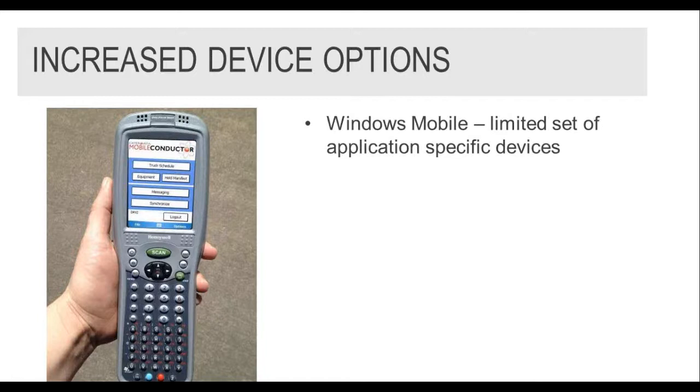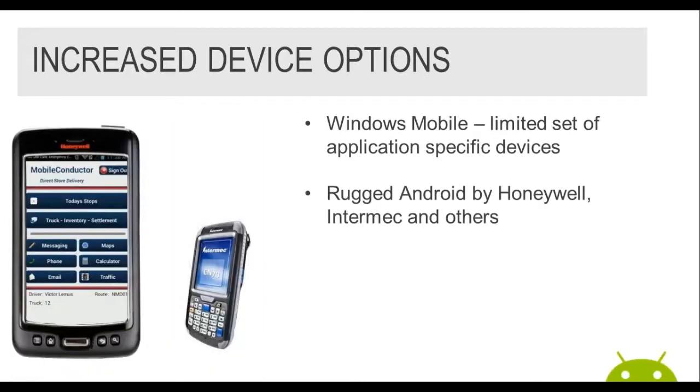Generally, when we deployed a Windows mobile device, MobileConductor was primarily all that was running on it. That is not necessarily the case with Android today. So again, our partners are providing ruggedized Android devices that utilize a lot of those same features that the Windows mobile devices did, where they've got IP65 specs.